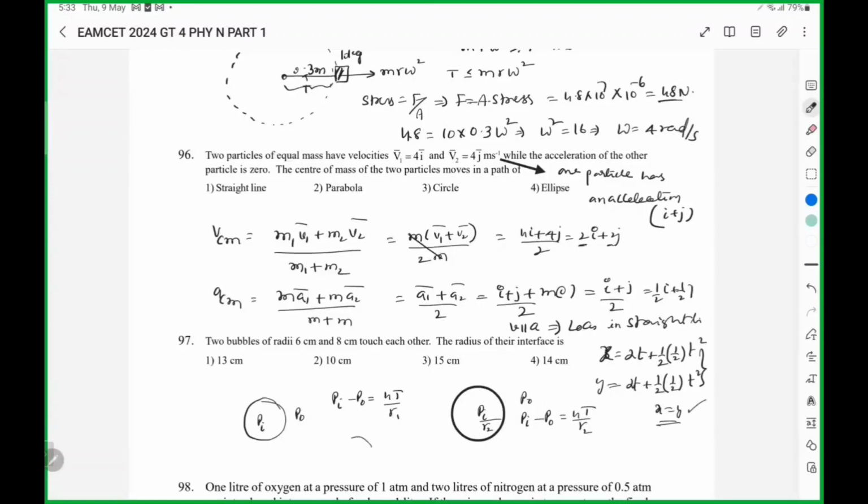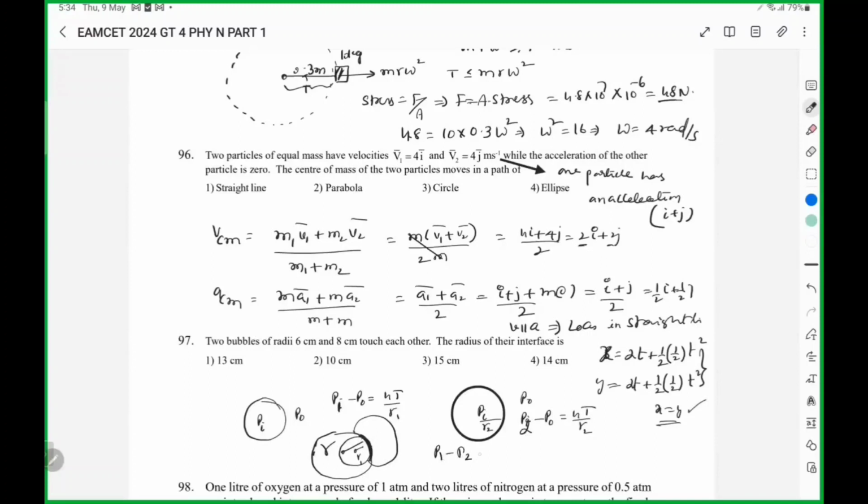When they are in contact, its radius R1, this contact surface will have a radius R. So the difference will be, let us say P1, P2.